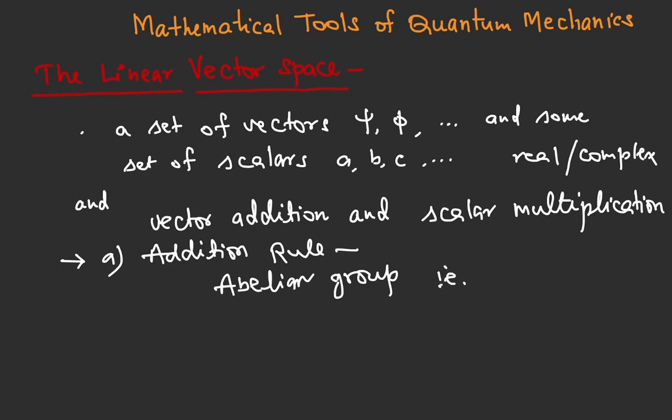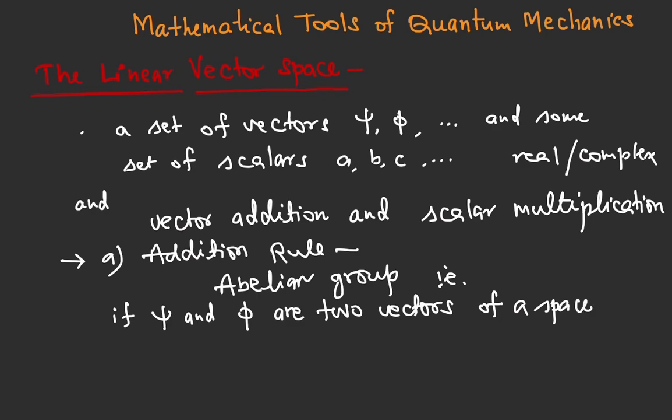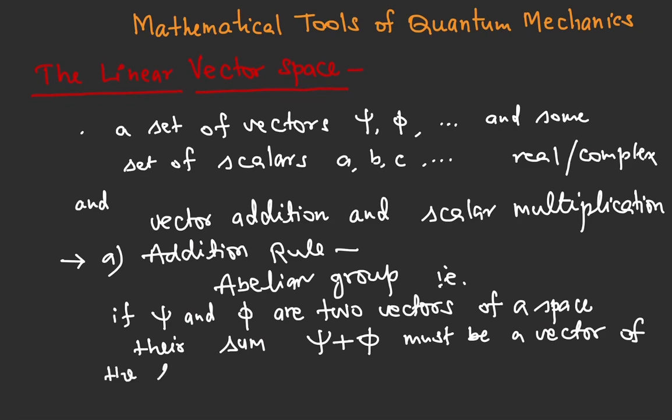That is, if psi and phi are two vectors of a space, then their sum psi plus phi must be a vector of the same space.